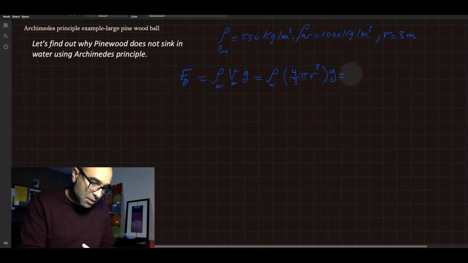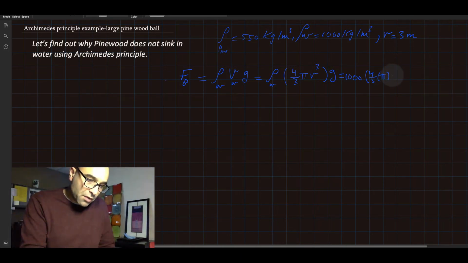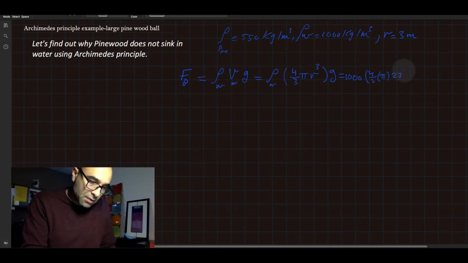If we plug in the numbers, the density of water is 1,000 times 4 over 3 times pi times the radius, which is 3 cubed, 3 times 3 times 3, that's 27, times 9.8. If you do this calculation, you are going to get 1,100,792 Newtons. That's a huge force.